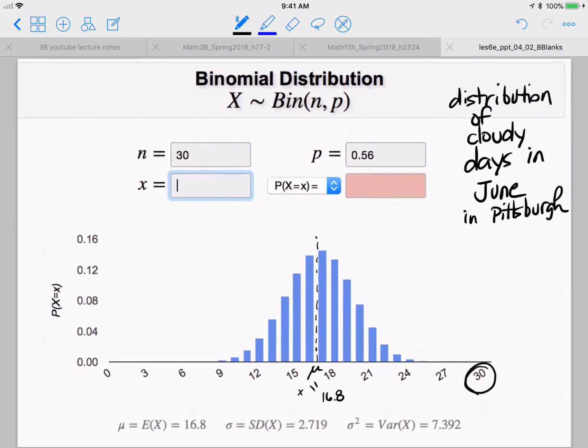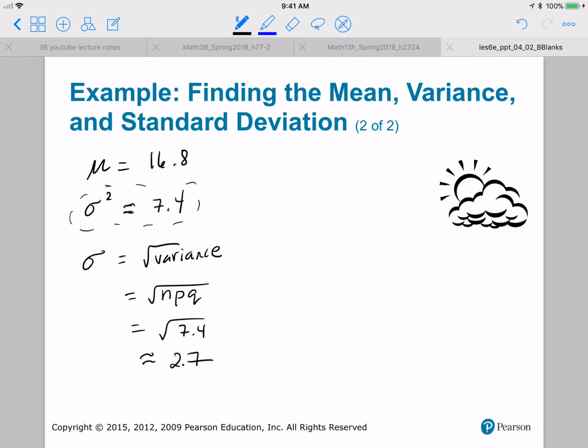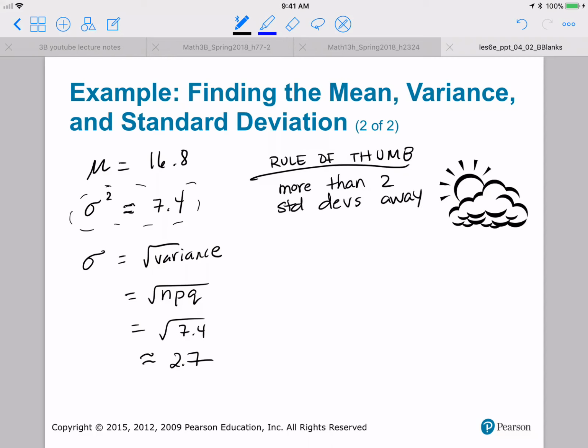Here's the rule of thumb for unusual: more than 2 standard deviations away from the mean, that's what we mean by unusual.